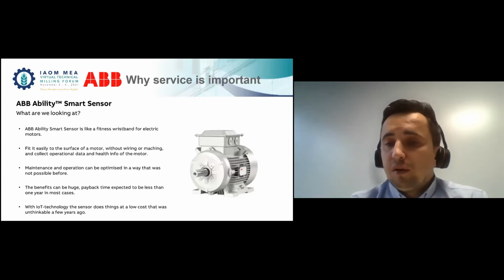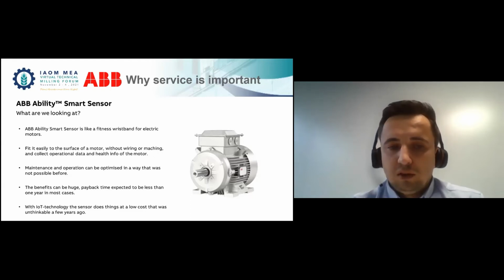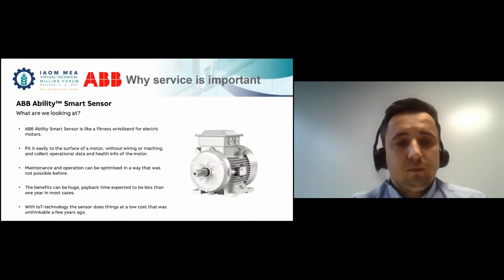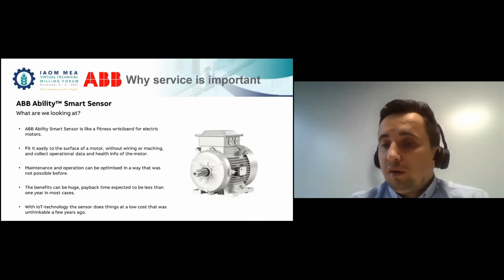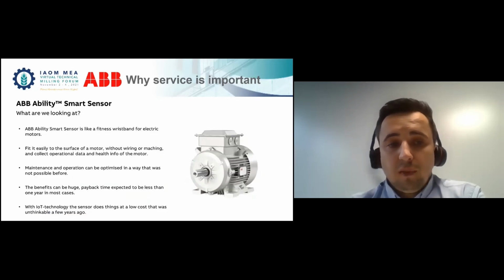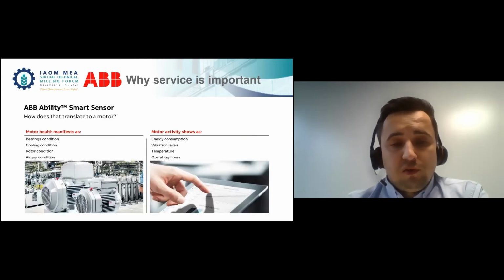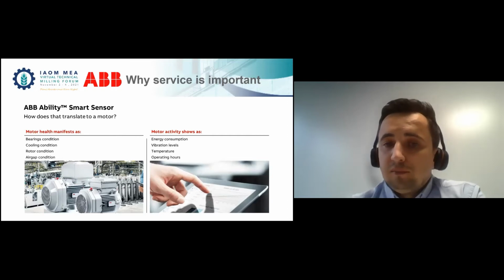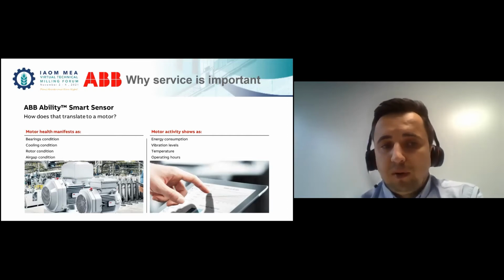The important information we need is the bearings, the motor size, power, and all the nameplate information that you can find there. And what is the smart sensor doing? The smart sensor is measuring and checking the bearing conditions by a very powerful and fast vibration measurement.